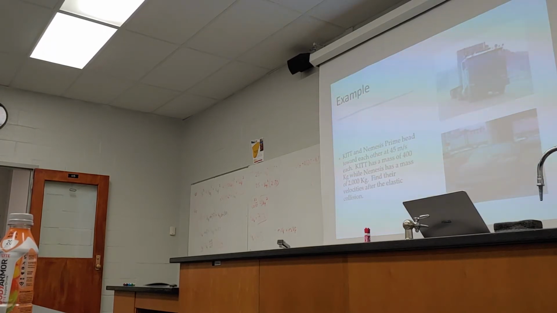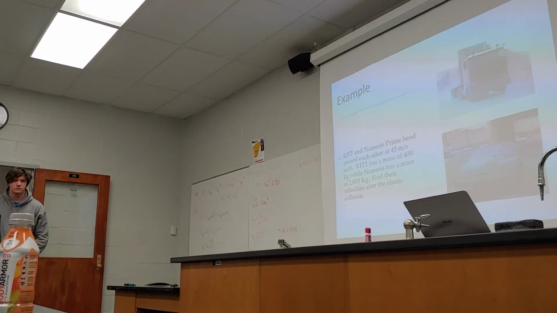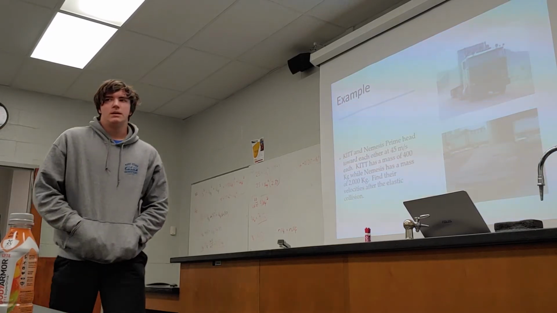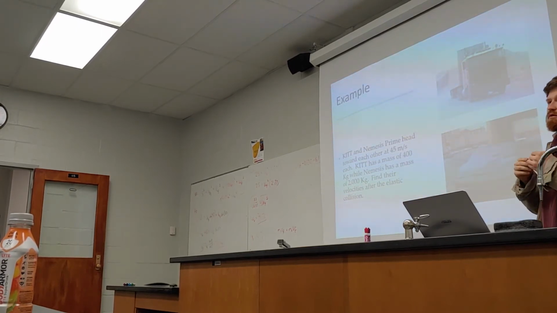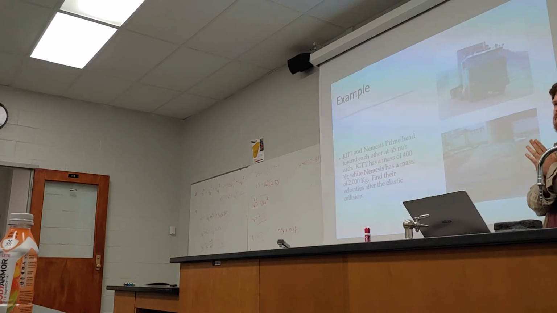So, you know the mass of each vehicle. That stays the same throughout. And you know the initial velocity of both vehicles. They are both moving towards each other at 45 meters per second. What I would like you to do is tell me the velocity of each vehicle after this elastic collision.